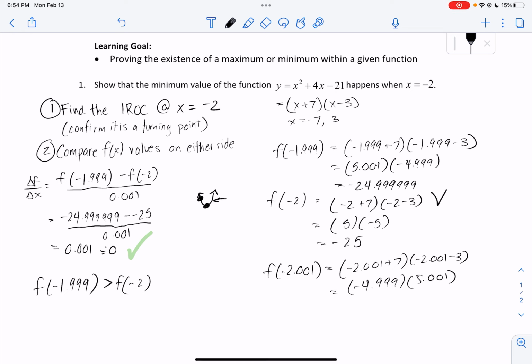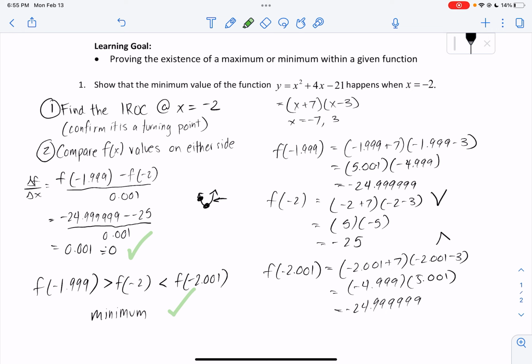And we know from the last calculation that these will be the exact same number, negative 24.999999. This is a larger number than negative 25. So since f at negative 2 is smaller than both of the values beside it, we can confirm it is a minimum. And that is enough for us.